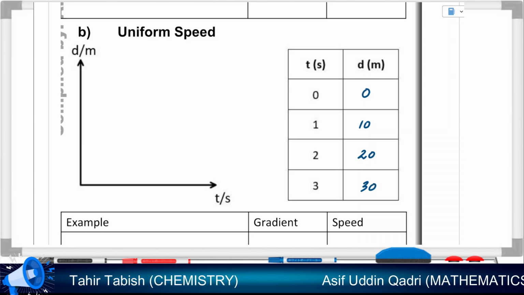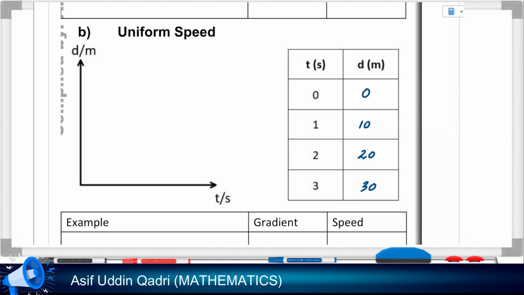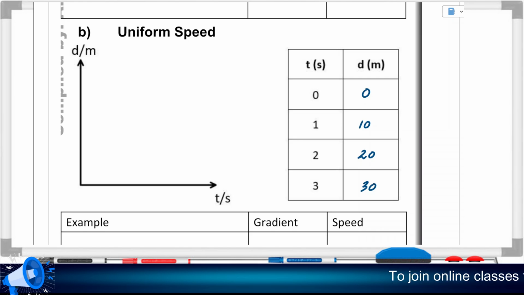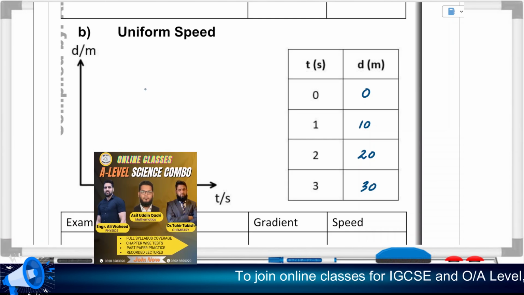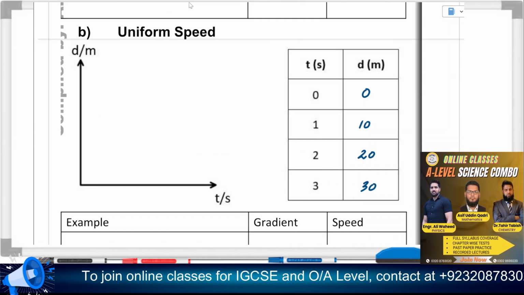Is the object moving? Yes, sir, it is moving. And as a matter of fact, this is why the distance is being covered. If the distance is being covered, the object has to be moving. So if I plot the points here, the graph would be something like this.